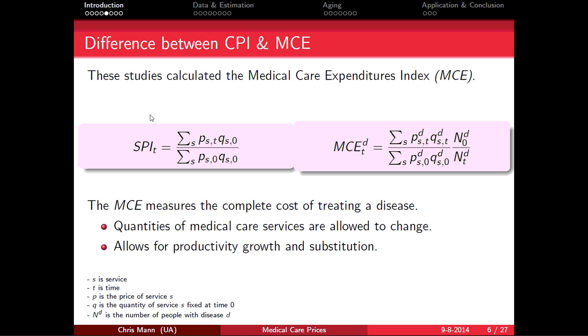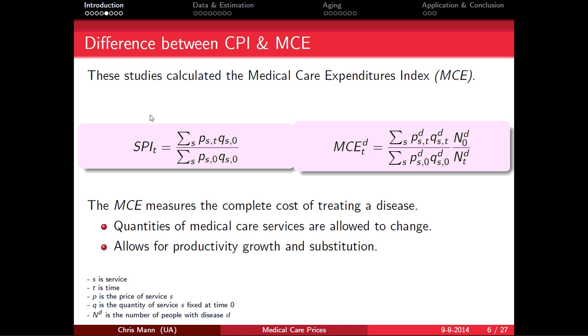And so in this particular formula for the CPI, you can see that the CPI is calculated by holding the quantity of each type of service fixed, right? And then just estimating how prices are changing over time, right?